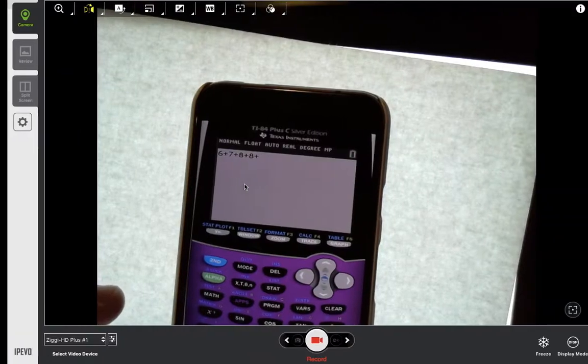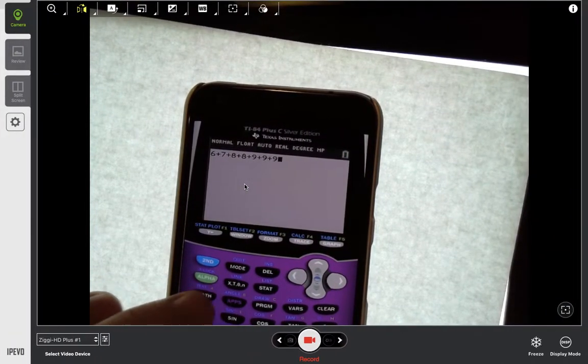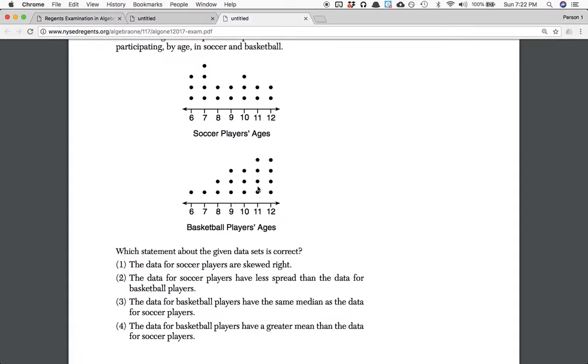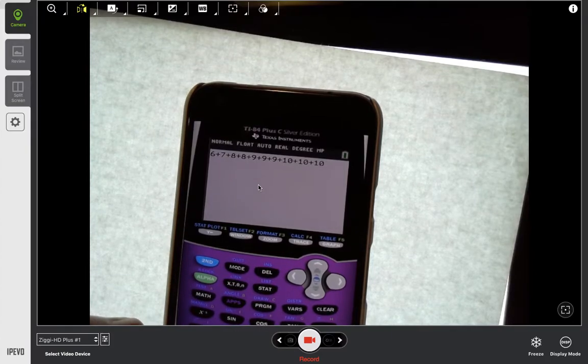Then 3 9s, 3 10s: 9 plus 9 plus 9 plus 10 plus 10 plus 10. Then 4 11s and 4 12s.